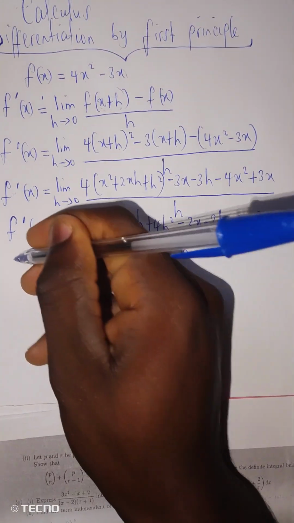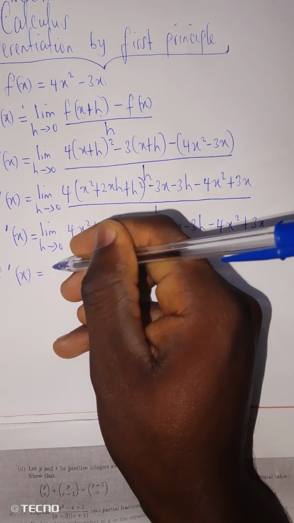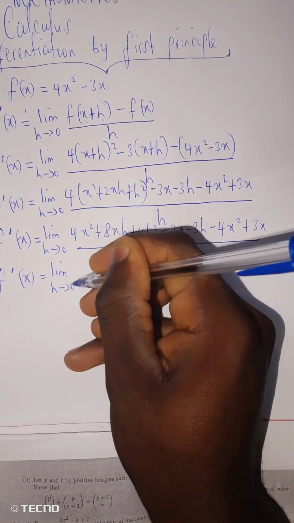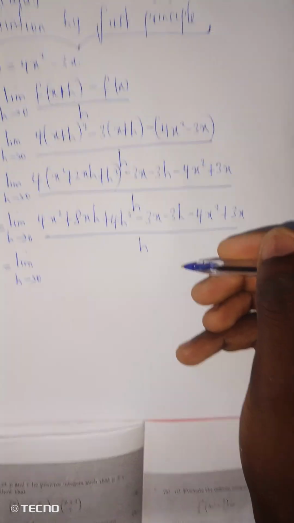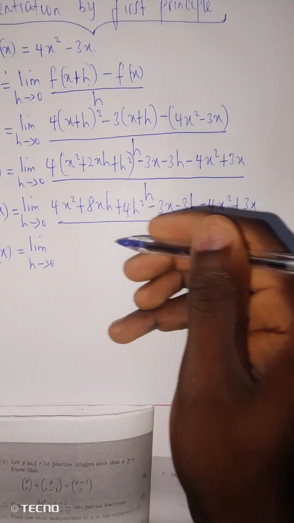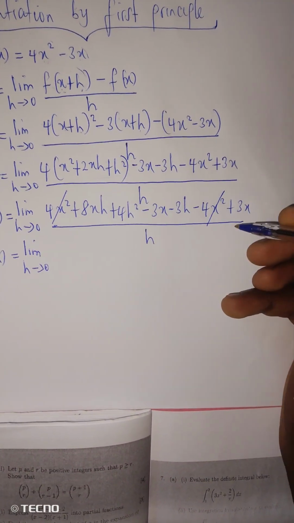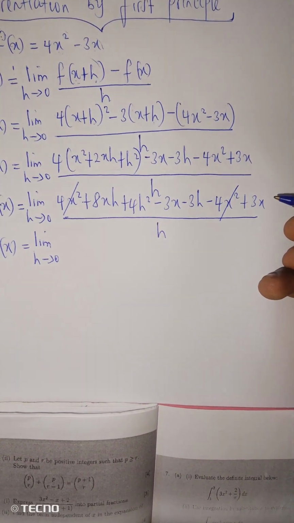So f prime of x will be equal to the limit as h approaches 0. So I'm going to cancel something here which can subtract. So we can see that 4x squared minus 4x squared is 0. So cancel it out to get rid of it.